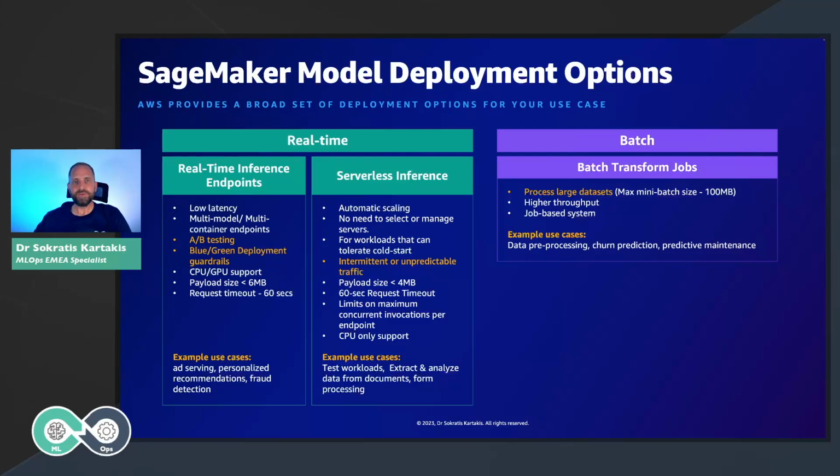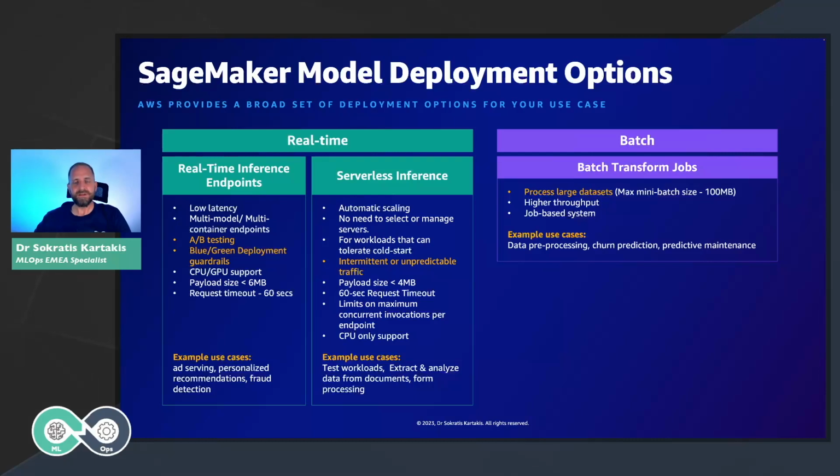In the batch approach, we support the batch transform jobs. In batch transform jobs, what you can say is, I have my data in this S3 bucket, use the latest approved model in the model registry and return the predictions to S3. Then SageMaker does everything automatically behind the scenes.